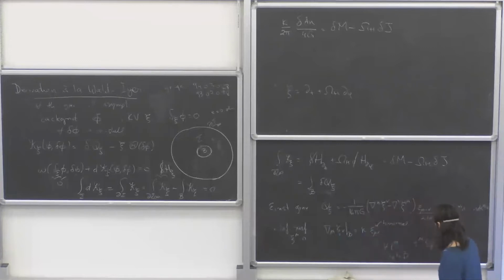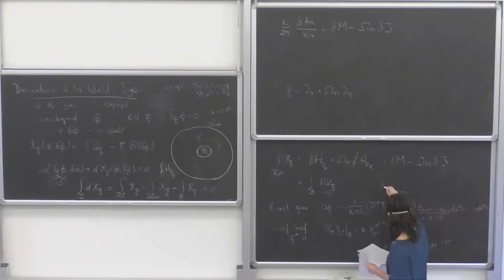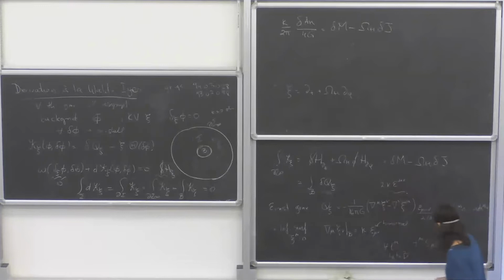Okay, very good. So therefore, now you're going back to your charge, and then you're getting a 2k epsilon mu nu from here. And then you use the fact, okay, let me erase a little bit because otherwise we can't do anything.